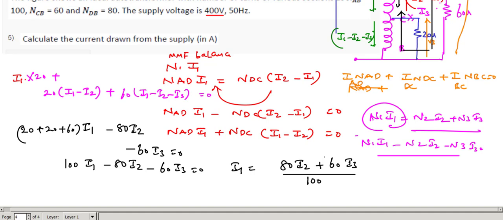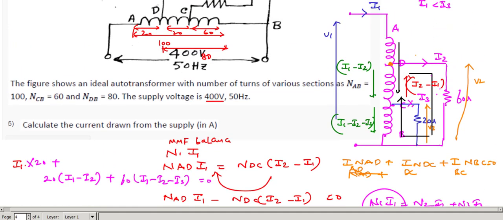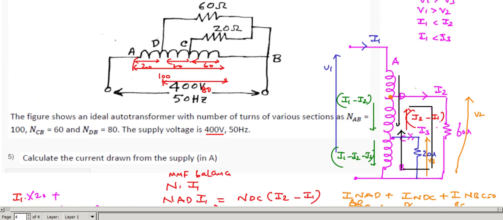So now I want to find I2. How can I get it? So I know that I2 equal to, what I said here, this is V2. Okay, so I2 equal to V2 by 60.